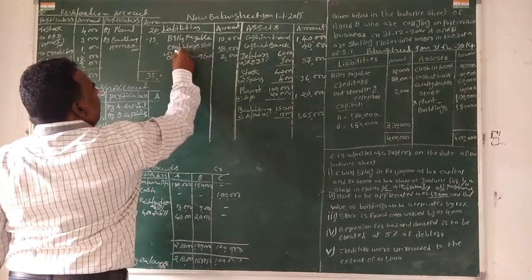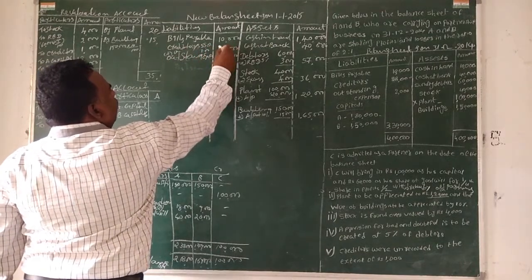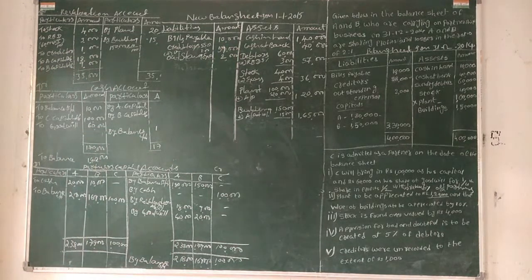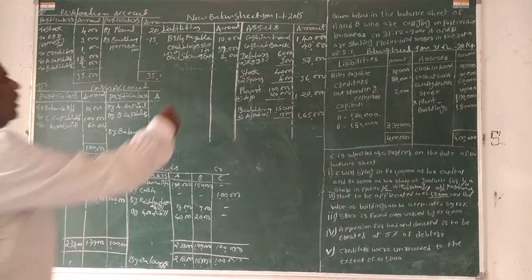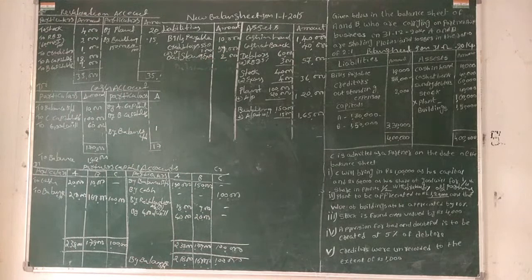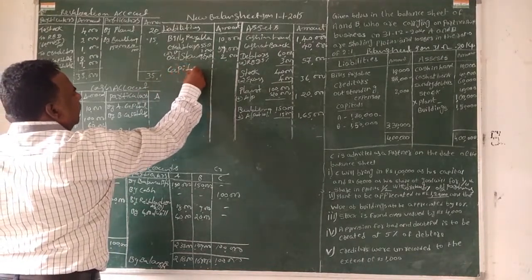Creditors 58,000 plus unrecorded creditors 1,000. Total 59,000. In adjustment, creditors were unrecorded to the extent of rupees 1,000. So 58,000 plus 1,000 is equal to 59,000, which will be recorded on the liability side of the balance sheet.